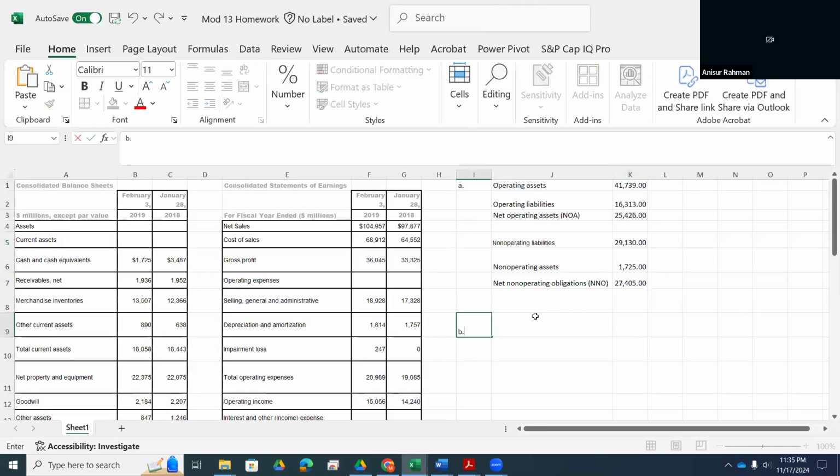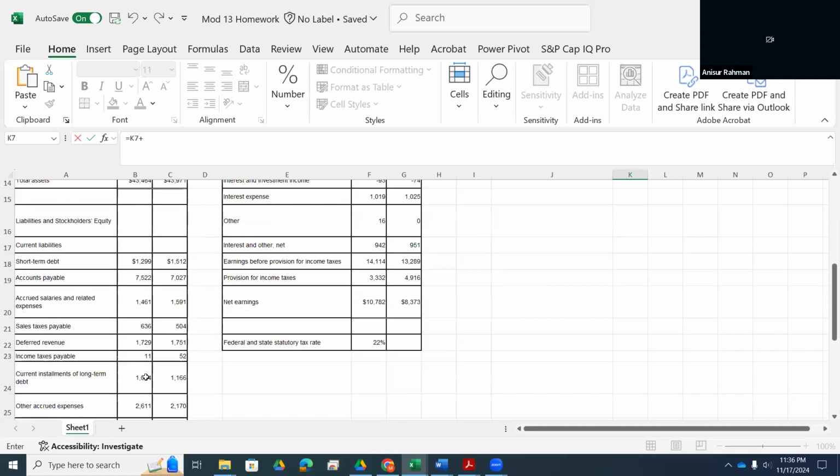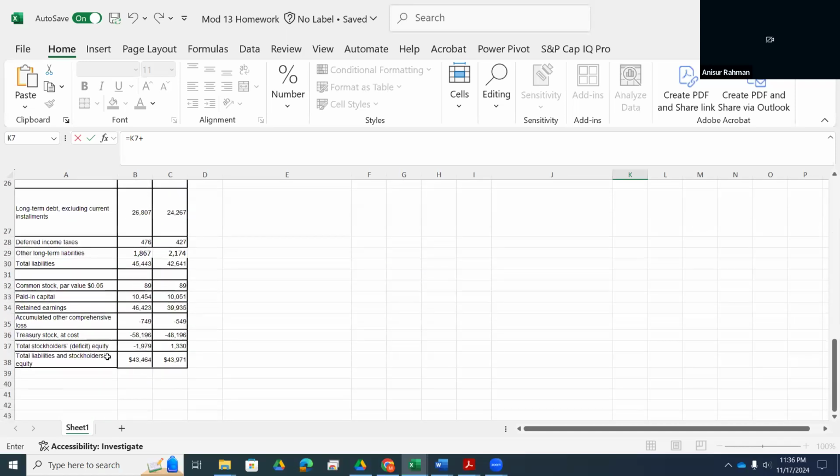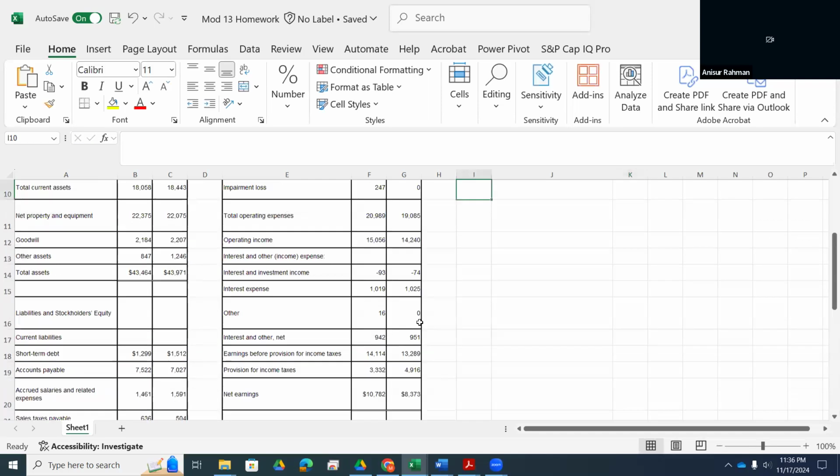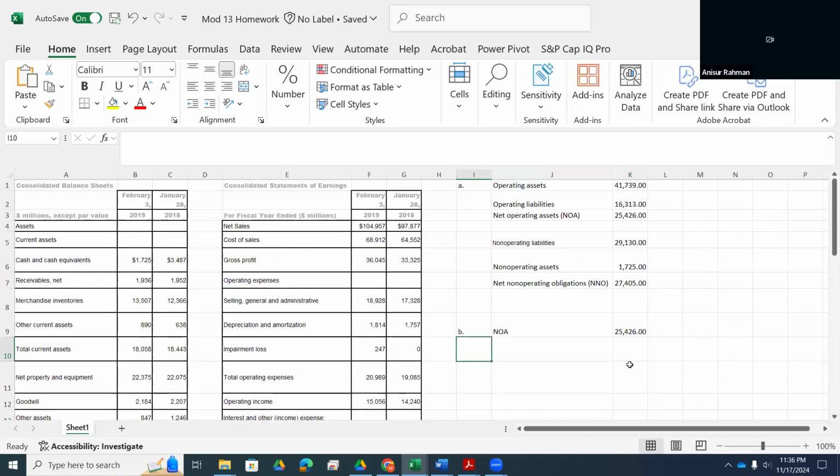So B, net operating assets is equal to net non-operating obligations plus shareholders' equity. So shareholders' equity is this. So 25,426 that we found out before, 25,426. So that is correct. We showed.